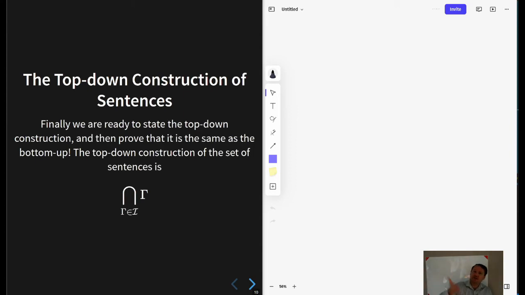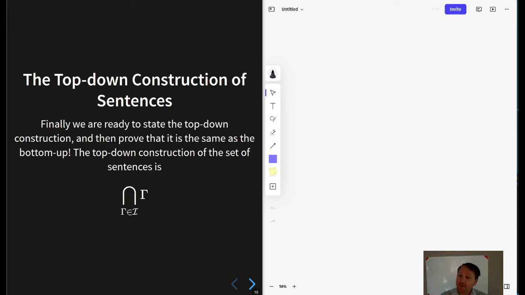But as we take intersections, we start chopping it down and chopping it down, right? And so in the theorem that we're going to prove in a minute, we're going to argue that it cuts it down just to the cent L.